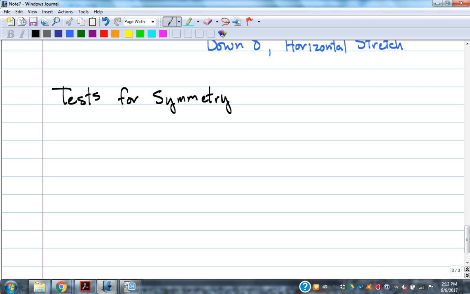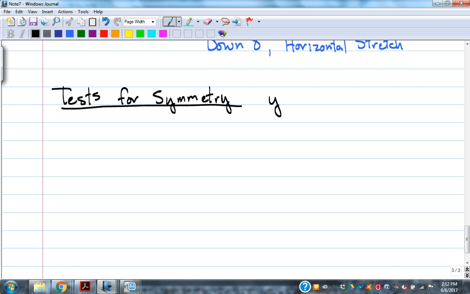You don't have every graph in the world of every equation, and you wouldn't expect to graph every one of them on a piece of paper and then check it. Because some graphs are really, really large, and some are so small that you can't do that in a timely fashion either. So tests for symmetry are fairly simple.